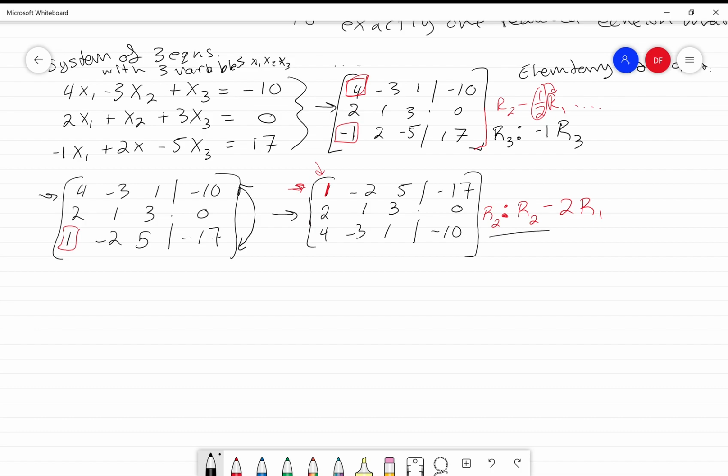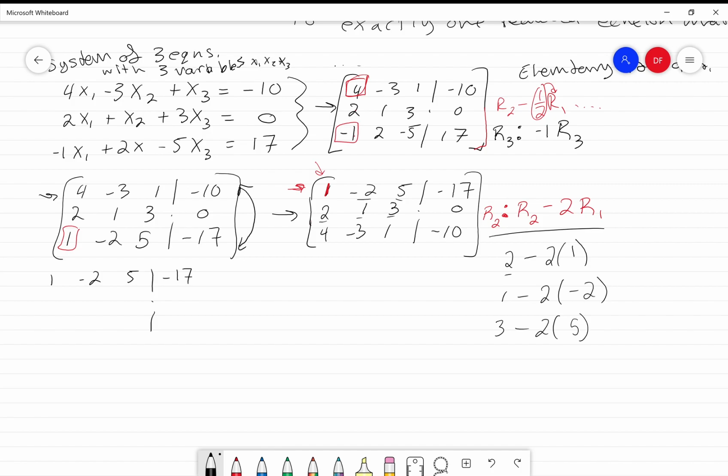So if I do this operation here, then I will have 1, negative 2, 5, and then I will have 2 minus 2 times row 1 is 1, and then I will have 1 minus 2 times negative 2, and then I will have 3 minus 2 times 5.